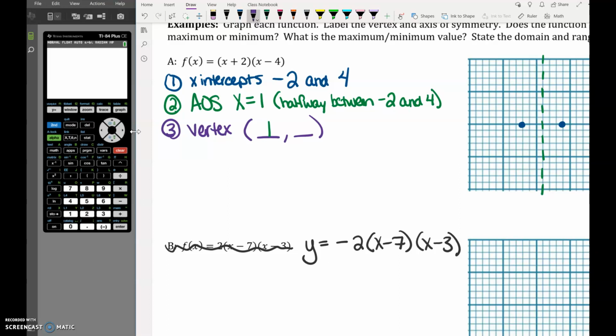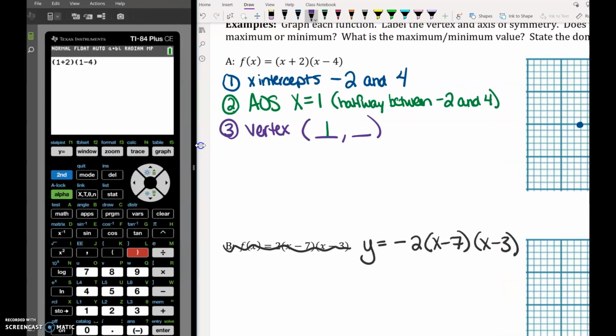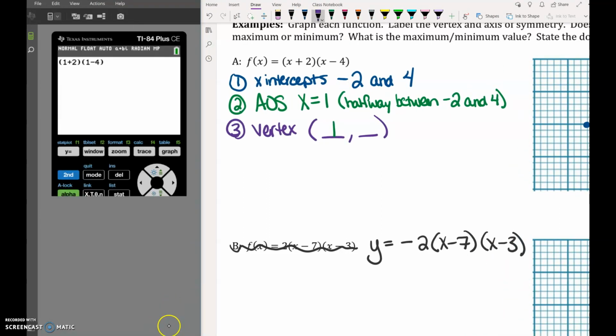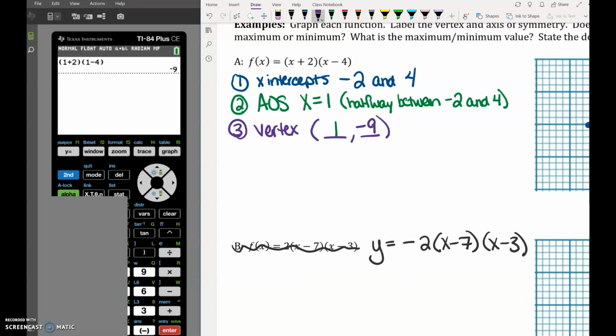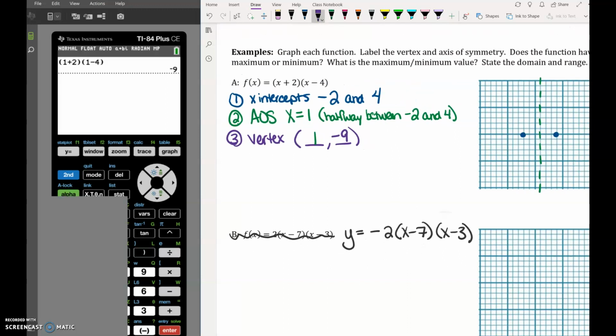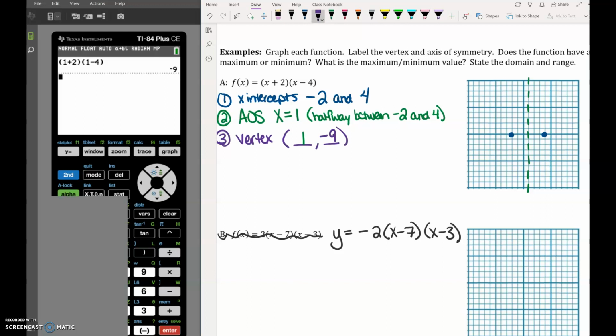Use the parentheses that are shown in the problem. So I would do parentheses 1 + 2, close my parentheses, parentheses 1 - 4, close my parentheses. And we find out that the y value of our vertex is -9. So on our graph over here, we are going to put our vertex at 1, -9.